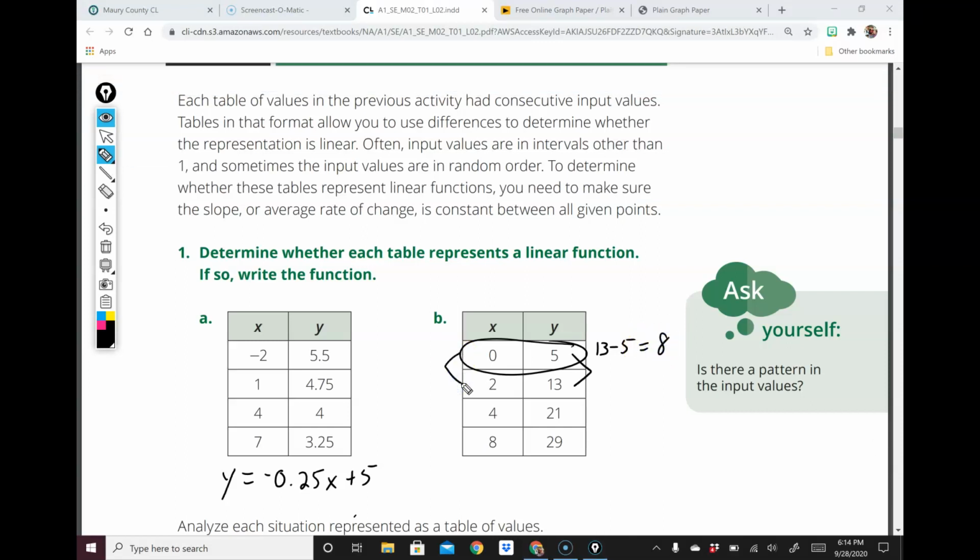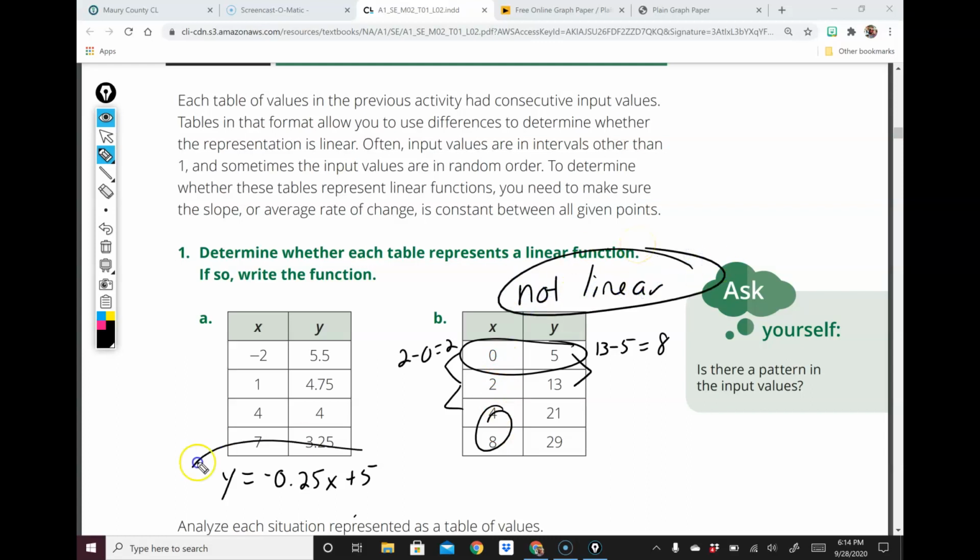Here, 2 minus 0 gives me 2, so I'm increasing by 2, but here I'm increasing by 4. So it's not constant, it's not the same. So even though it is a function, it's not linear. So if it's not linear, I can't put it in slope-intercept form.